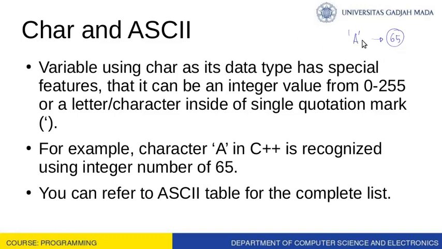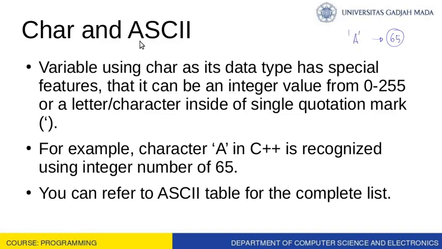So actually the computer will convert this letter into a number based on something. Okay, there is an index, or a table, which converts this letter or this character into a number.